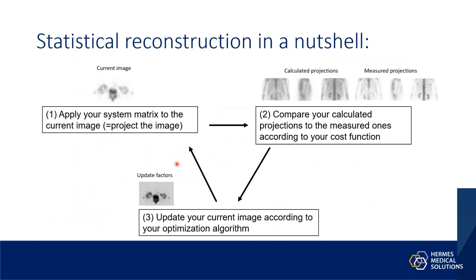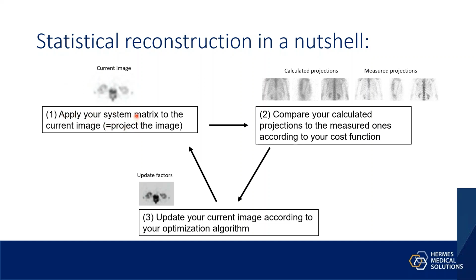And if we try to present in a nutshell how the statistical reconstruction methods work: in here we have an image. Let's say that we got this during the first 2 iterations of our statistical reconstruction method. The first step is to apply the system matrix to the current image, so that we can check how good this estimate really is.